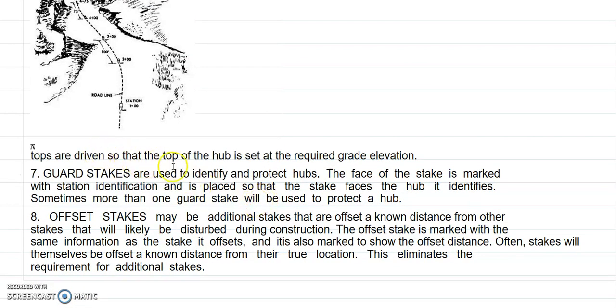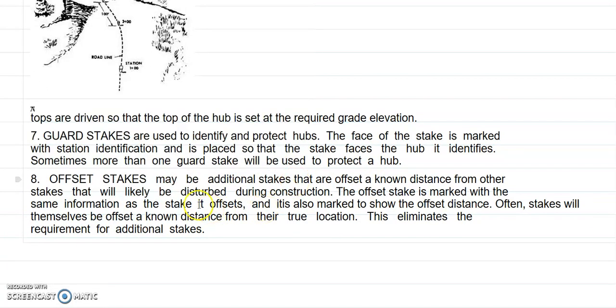Okay, these are so driven that the top of the hub is set to the required grade elevation. Then the guard stakes, these are used to identify and protect hubs. Okay, the face of the stake is marked with a station identification and placed so that the stake faces the hub it identifies. Sometimes more than one guard stake can be used to protect a hub.